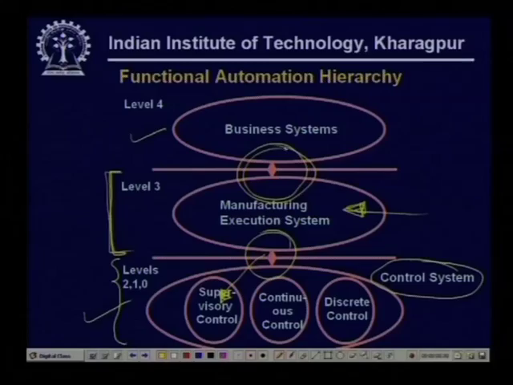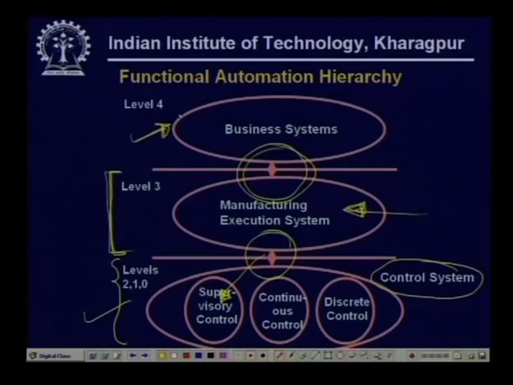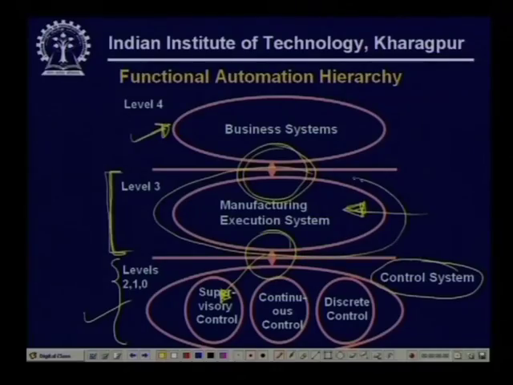So, functionally, if you see the nature of technologies, you will find that this is one nature of technology, which are essentially business systems, enterprise resource planning, etc. On the other hand, these systems are still related to the engineering equipment, but look at them behaviorally and model them in terms of their functionality and some performance parameters, and model the manufacturing process just like a sequence of operations, while the actual physical entities are handled at the control system levels.